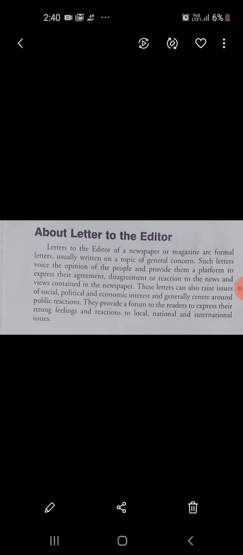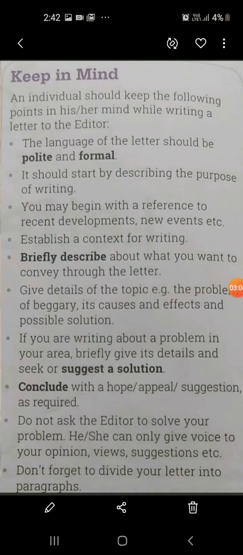These letters can also raise issues of social, political, and economic interest and generally center around public reactions. They provide a forum for readers to express their strong feelings and reactions to local, national, and international issues.